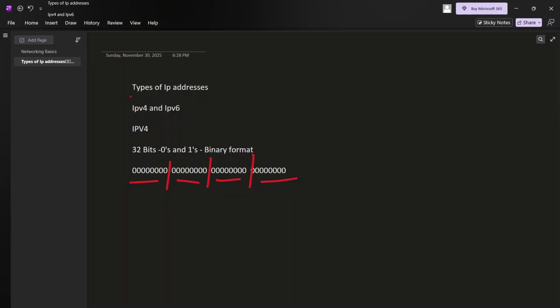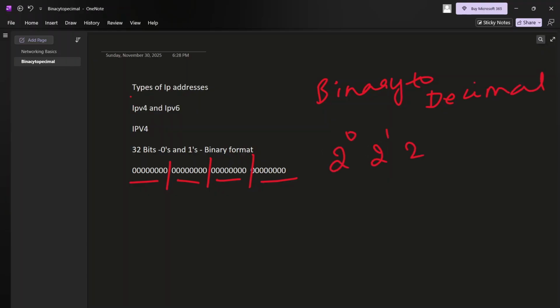If you want to convert binary to decimal, we have to multiply these 8 bits with 2 power 0, 2 power 1, 2 power 2, 2 power 3, 2 power 4, 2 power 5, 2 power 6, and then 2 power 7, total 8. That is from right to left, not from left to right, guys.